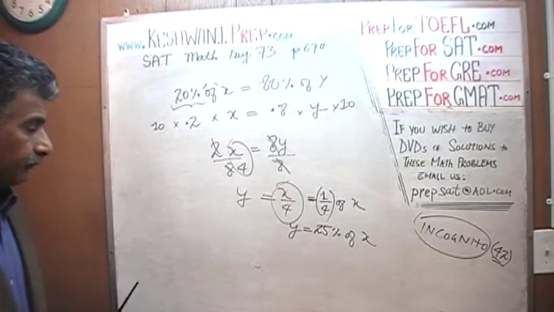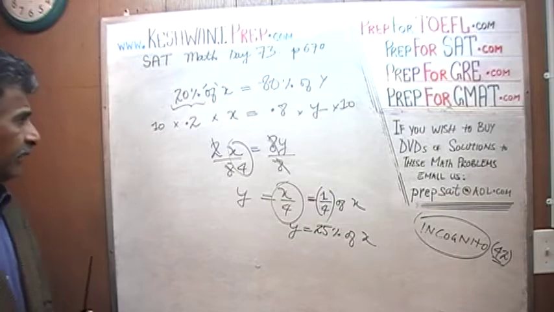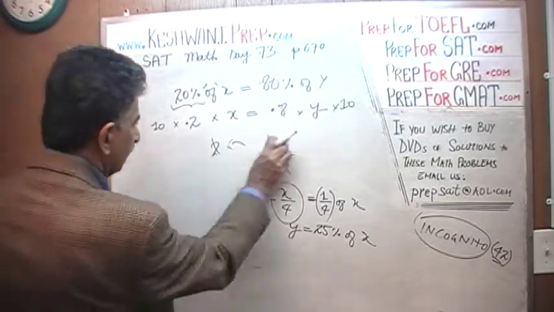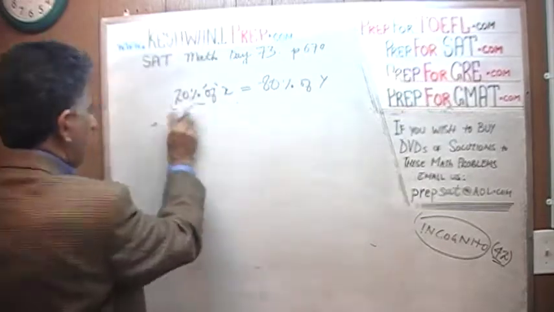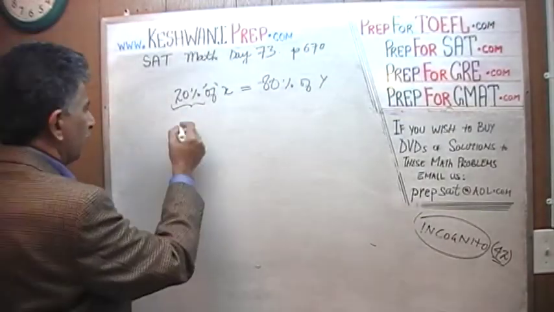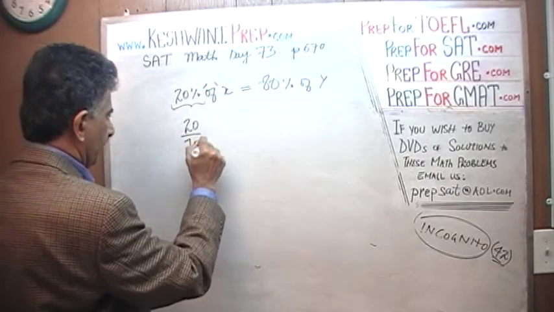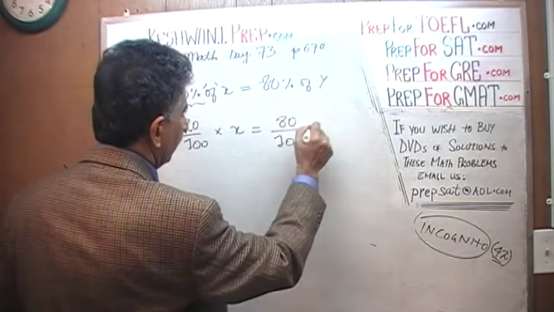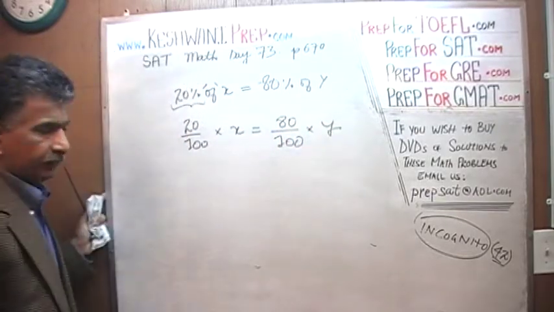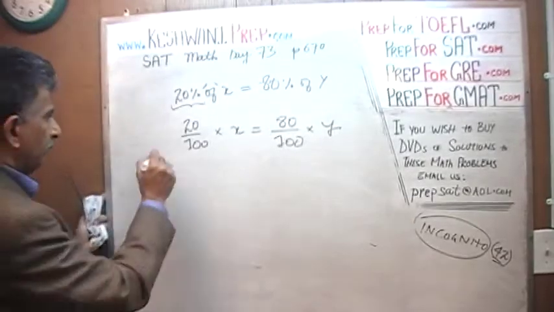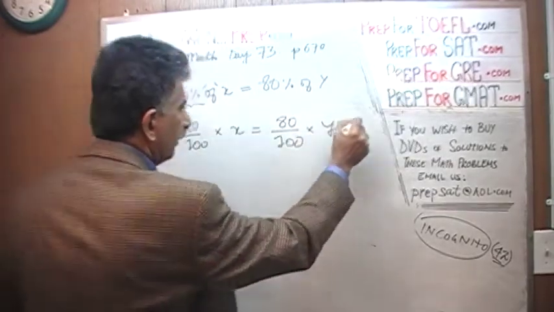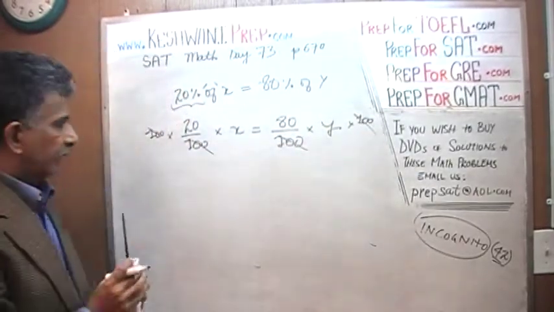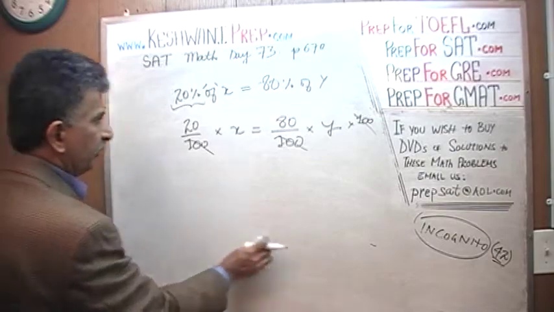Another way we could have set up the same problem is, I'm going to erase this and redo it. What I'm about to say is nothing earth-shattering, but this is another way. 20% means 20 over 100. 20 over 100 of x equals 80 over 100 of y. Since 100 appears at the bottom in both places, if you multiply both sides of the equation by 100, we can get rid of the 100.